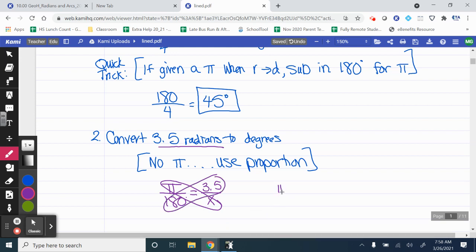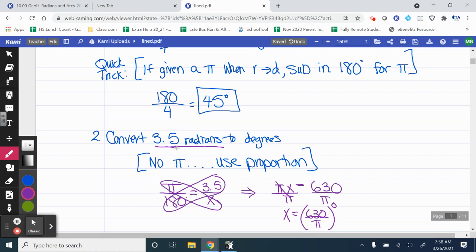Here I have pi times x, so pi x. Then you're going to do 180 times 3.5, which gives us 630. To solve for x, you divide both sides by pi. So x equals 630 over pi, and that is in degrees.